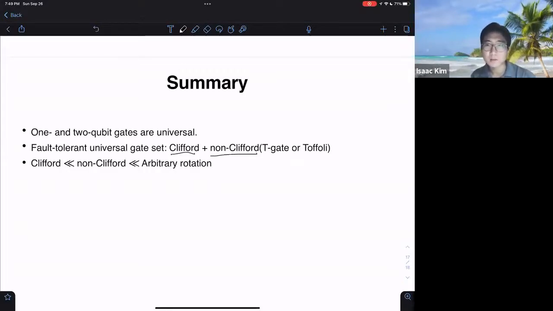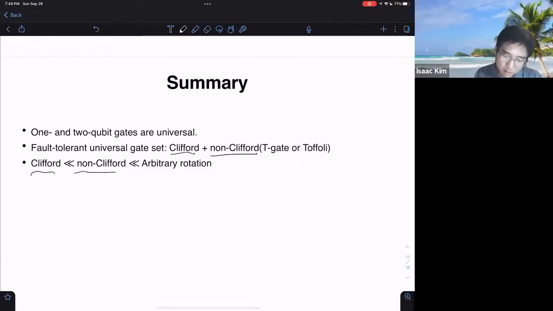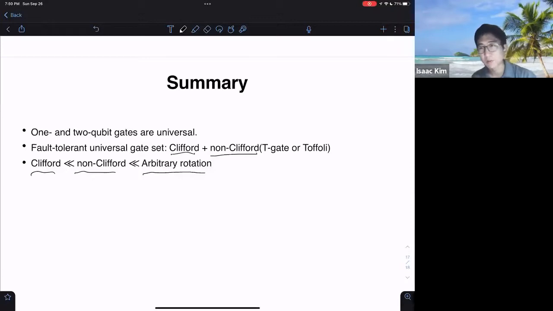This is because we are envisioning using an error-corrected quantum computer. And once you accept that this is the necessity, there's really a big difference between the cost of the Clifford, non-Clifford and arbitrary rotation gates. Those are the things that I want to emphasize.